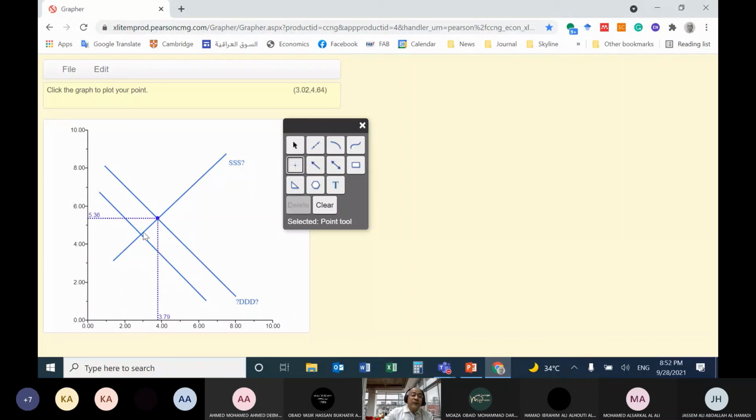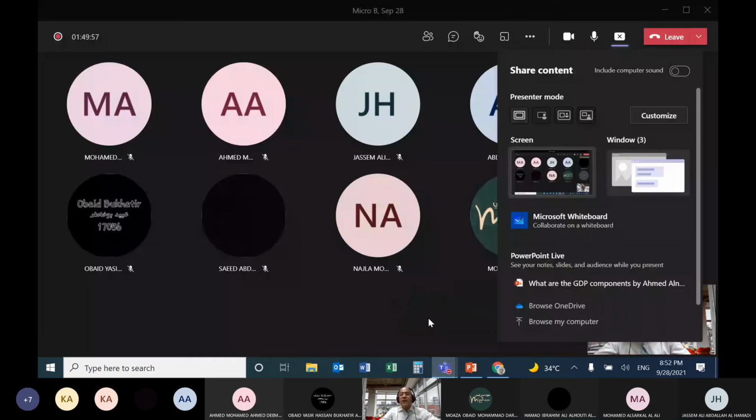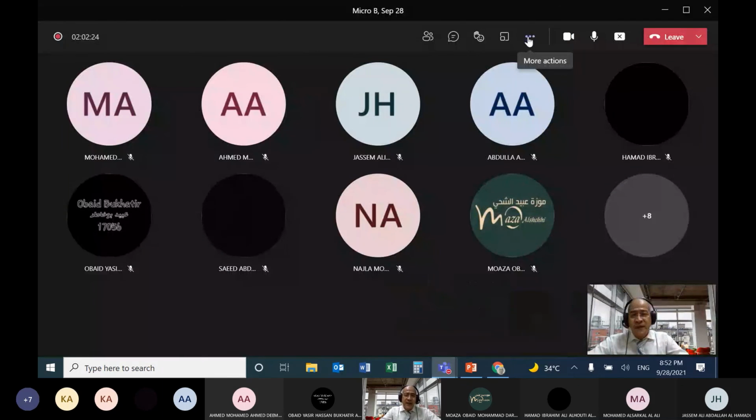Put a dot at the intersection point between the new demand curve and the initial supply curve, because there is no change in supply. Now I think it's easy to read: the equilibrium price decreases and the equilibrium quantity decreases. So now I feel more satisfied. You understood equilibrium.